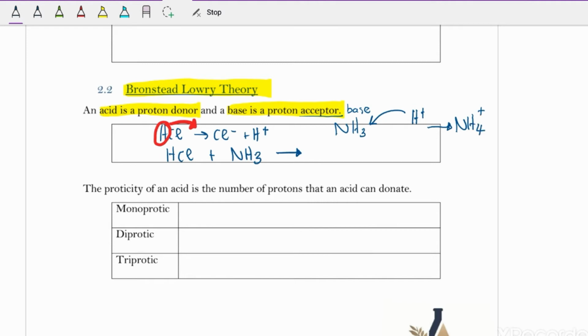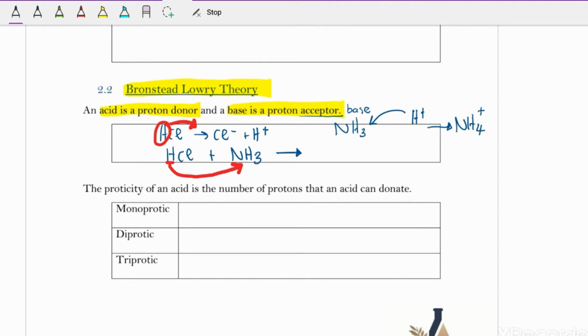So when you look at the hydrochloric acid and ammonia, your hydrochloric acid is going to give away its proton, and the ammonia is going to take up that proton.